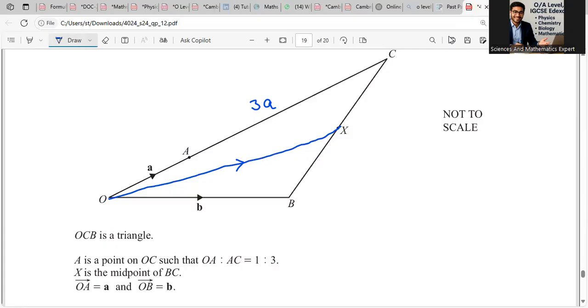And this is my B over there. And if I get this complete, he has also mentioned X is the midpoint of this one. Okay. So if I get the resultant of this one in the form of X over there, then I will say here that it is 4A total. Okay.